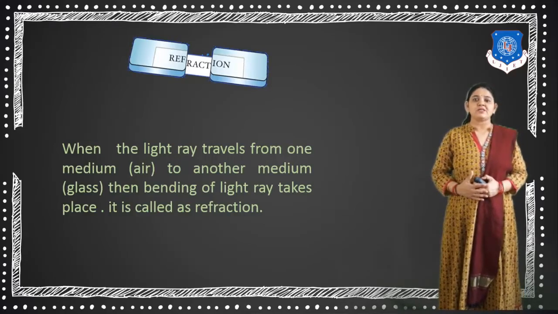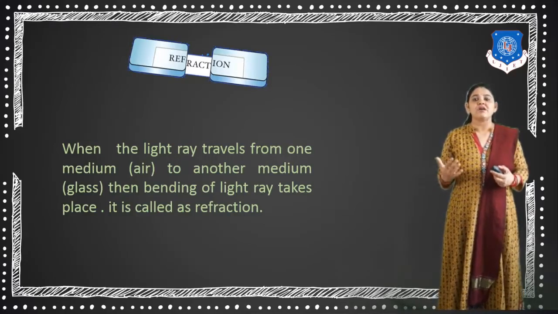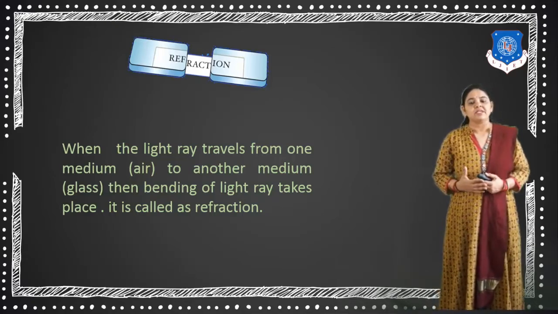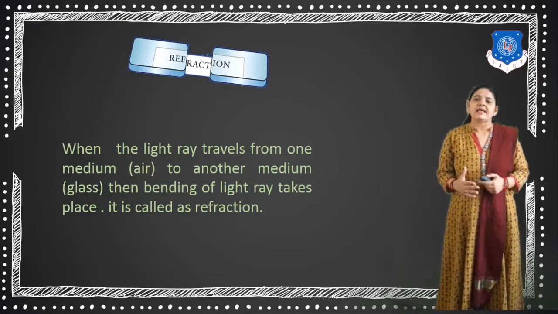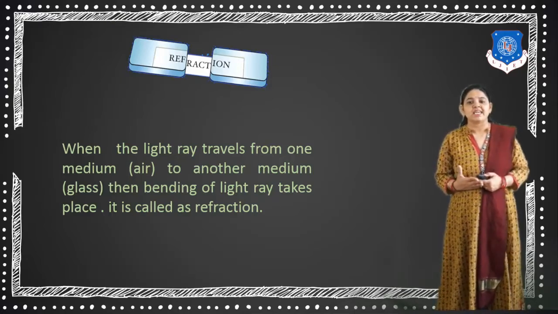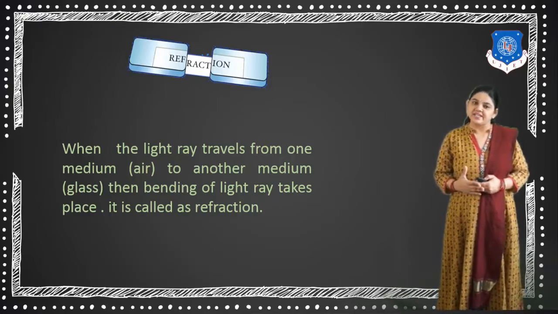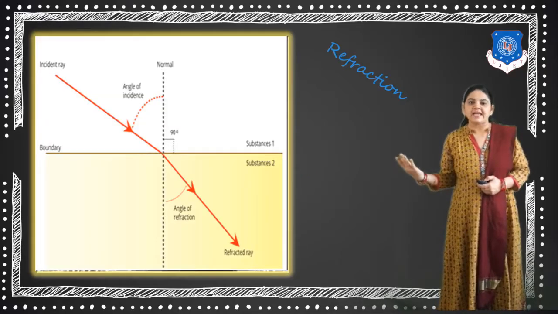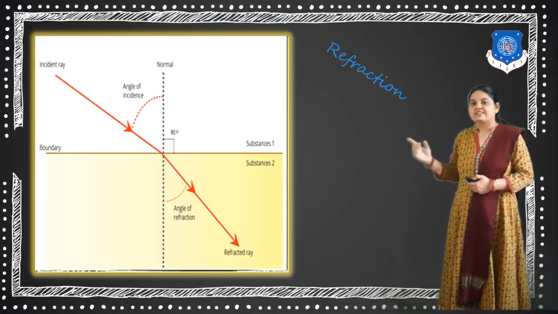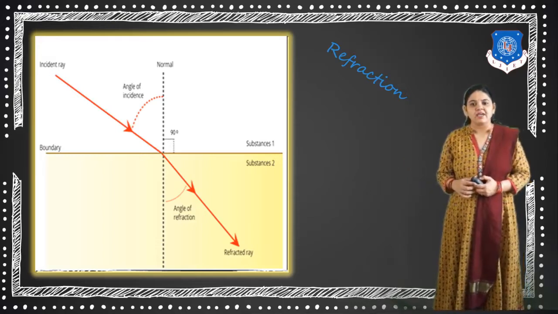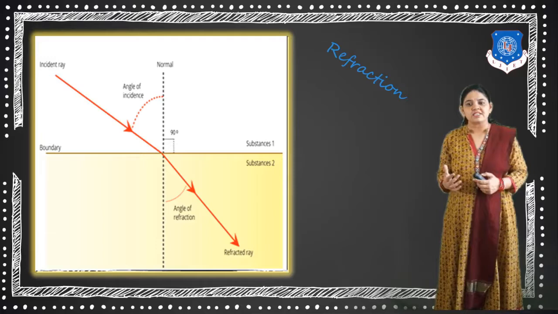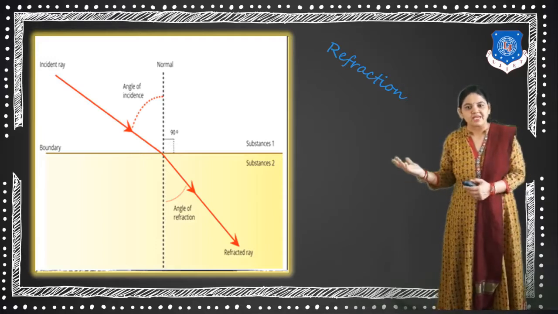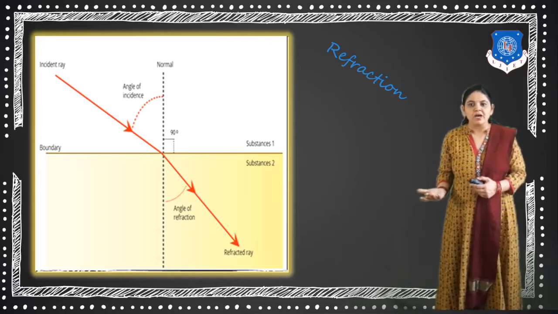So the definition is: when the light ray travels from one medium, that is the air, to another medium, suppose it's glass, then the bending of the light ray takes place and it is referred to as refraction. Here in the diagram we can see the incident ray, that is passing from one medium, medium number 1, to medium number 2.